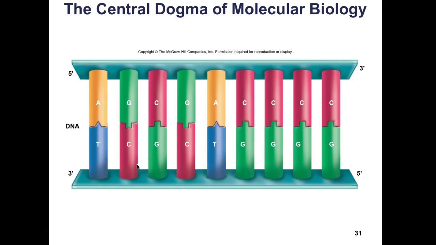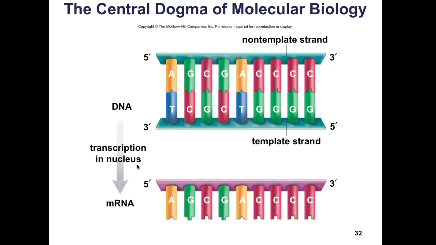So the central dogma of molecular biology is what we are going to look at now. This is the whole thing of molecular biology. It comes down to transcription and translation, going from DNA to messenger RNA, and then messenger RNA into the amino acid sequence of a polypeptide and protein.